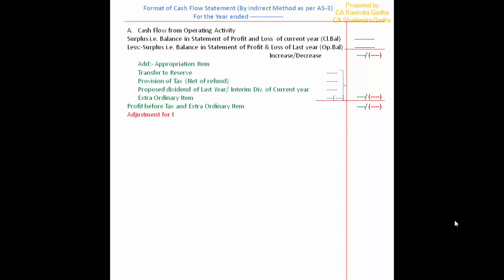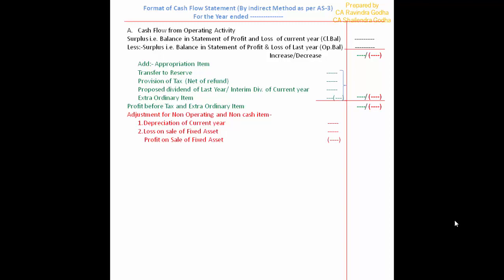It is adjustment for non-operating and non-cash items. There are six items in this category. First, depreciation of the current year. Next, loss on sale of fixed assets. And if there is profit, we deduct profit on sale of fixed assets.